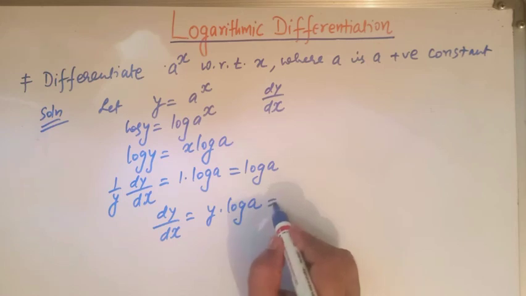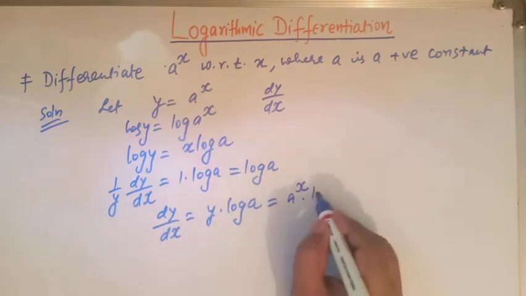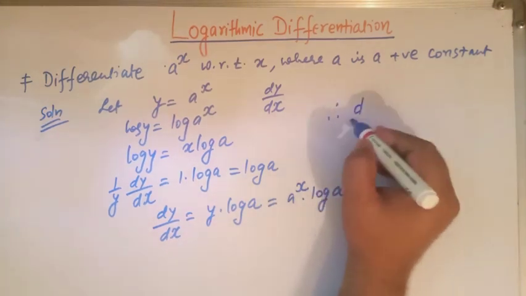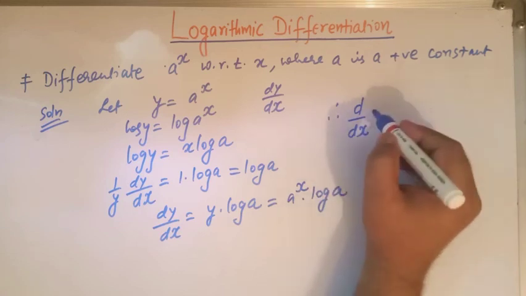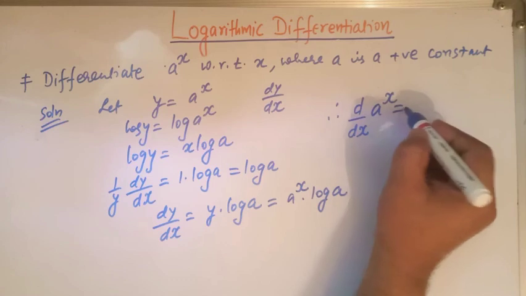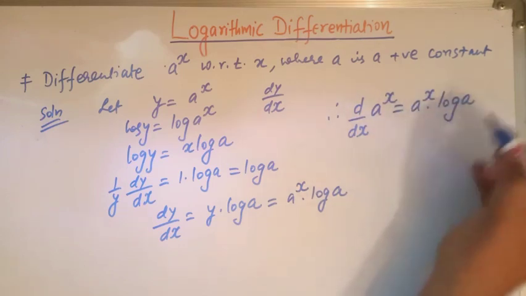And if we substitute the value of y, we have a raised to x times log a. So viewers, always remember that the derivative of a raised to x, where a is a positive constant, is a raised to x times log a, right?